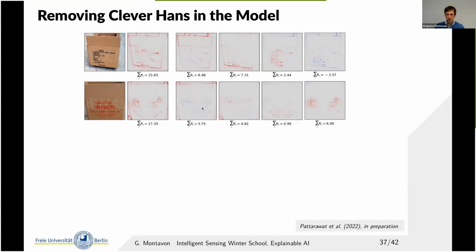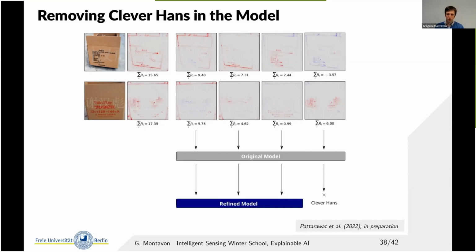What we could identify is that many of these concepts were predictive of the cartoon, sometimes the border, sometimes the small marking on the cartoon. But there was this last concept, which was reactive to the watermark in the background, which is not intrinsically correlated to the class cartoon, just in this data set.